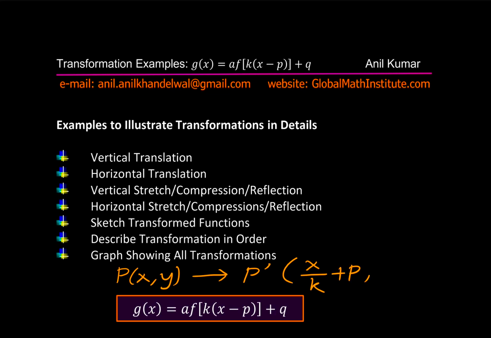As far as the y coordinate is concerned, it will be multiplied by a, plus q. So that is the general formula for the image of the points on the transformed function. Now, keeping that in mind, let's begin with the examples.